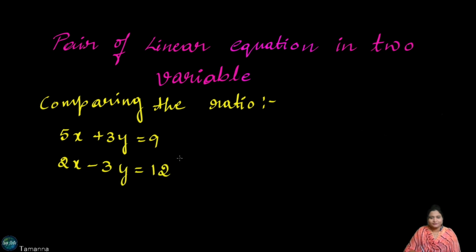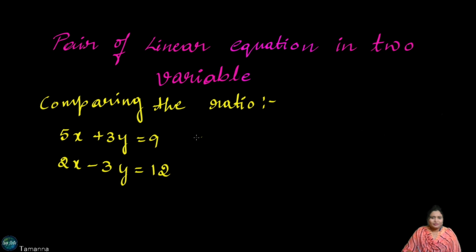See here, x is a variable. The coefficient of x is 5. y is a variable, and the coefficient of y is 3. Here also x is a variable with coefficient 2, and y is the variable with coefficient minus 3.